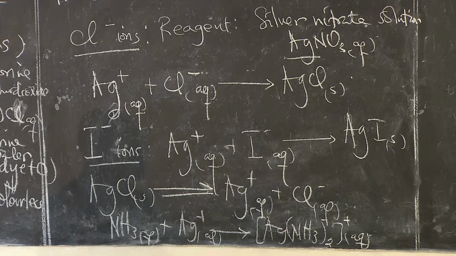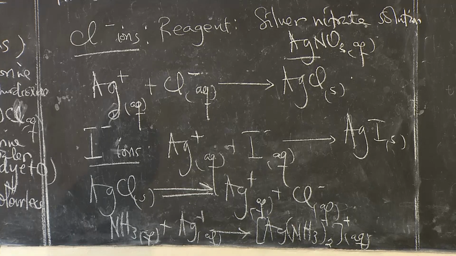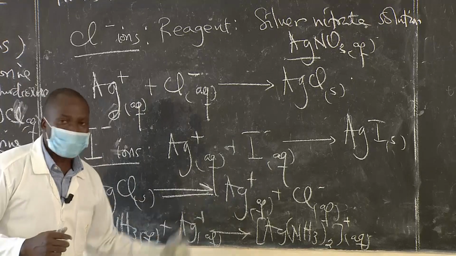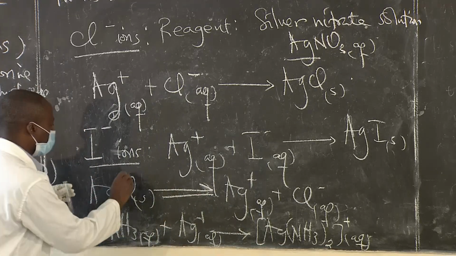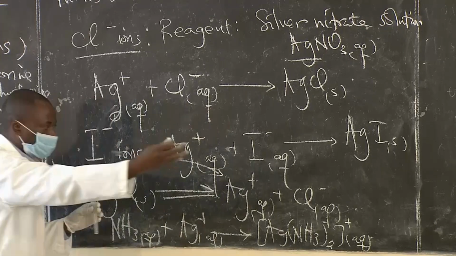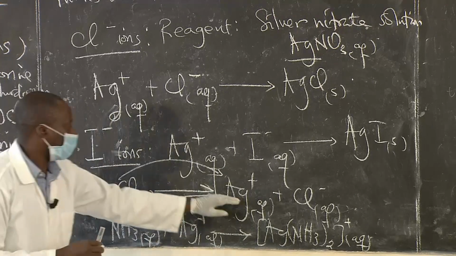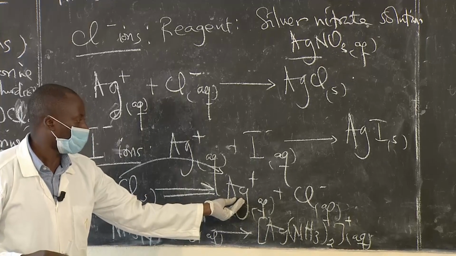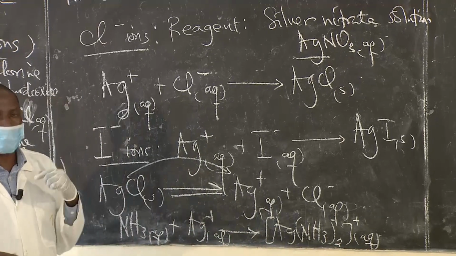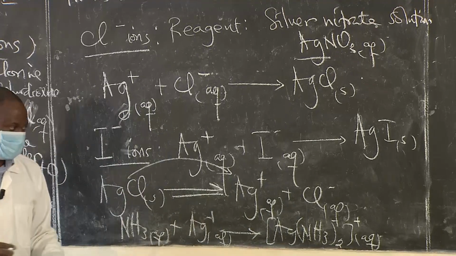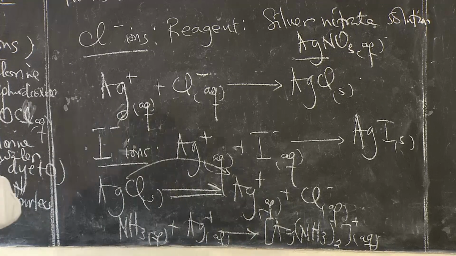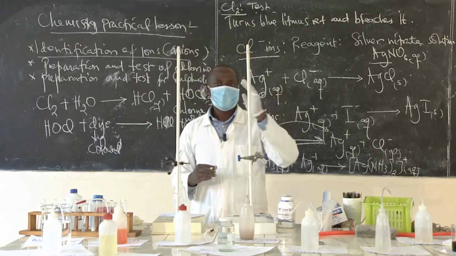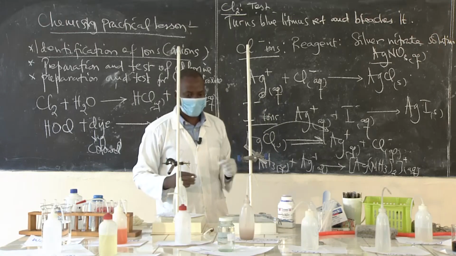That is according to Le Chatelier's principle: removal of these ions reduces the concentration, so the equilibrium will shift to replace the silver ions. That is why this one dissolves in excess ammonia. So formation of complexes increases the solubility of sparingly soluble salts.